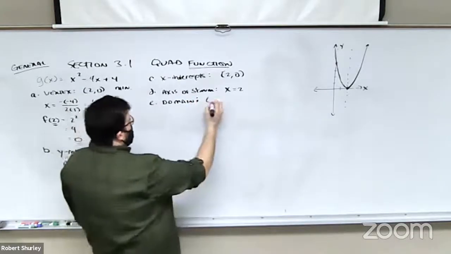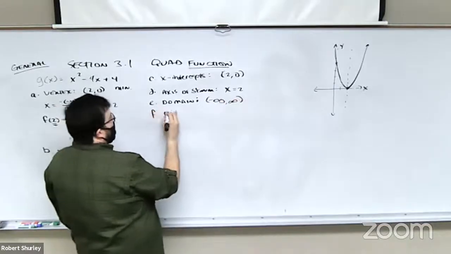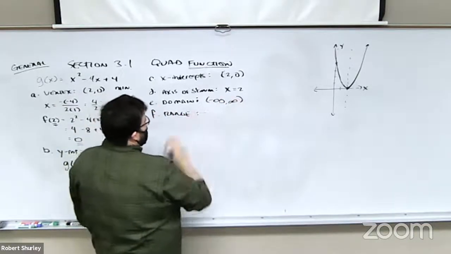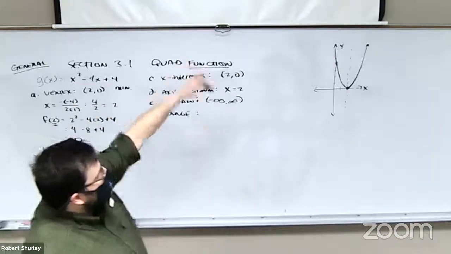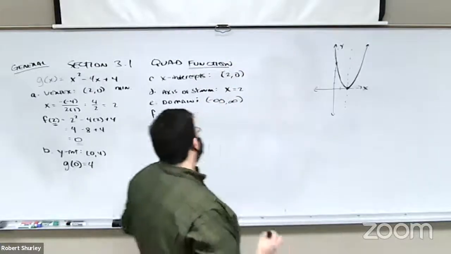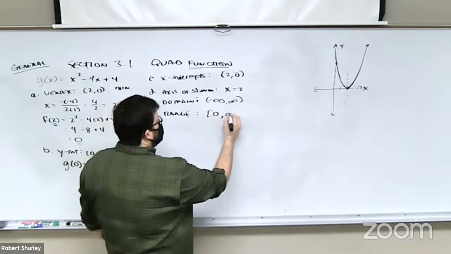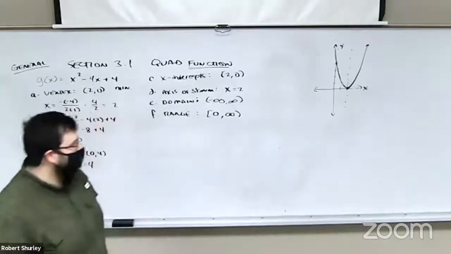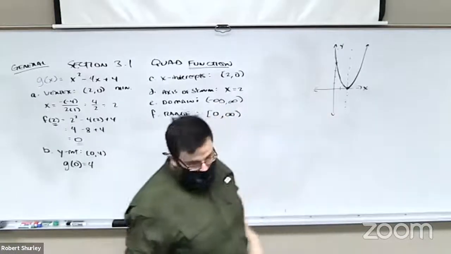The domain is the same as it's always been. Range is a little different here, right? It goes up forever, but then it comes down to y equals 0. So it would be 0 to infinity. That's where the y's exist. They start at 0 and they go up to infinity.